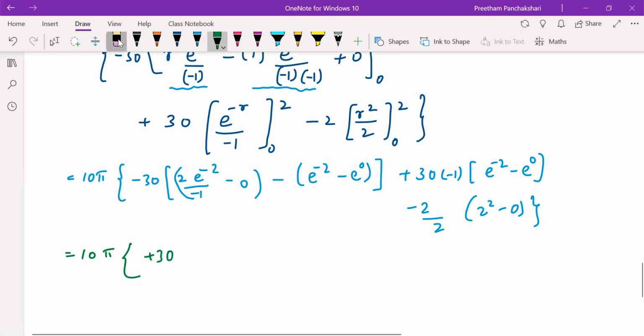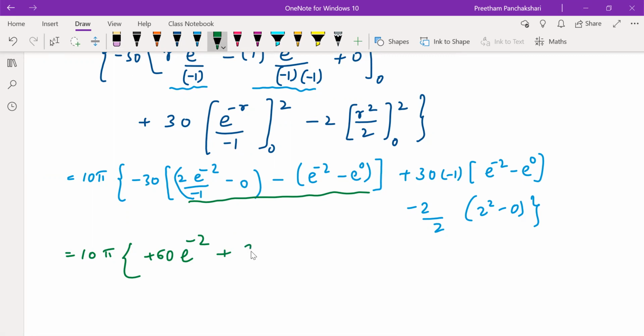So also we can make 30 into 2 as 60. This is 60 into e power minus 2. And this 30 is multiplying all these terms. Therefore, minus into minus plus 30 e power minus 2.